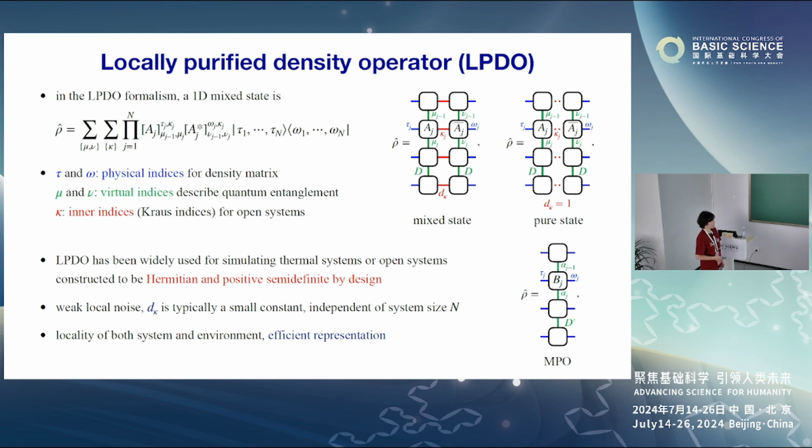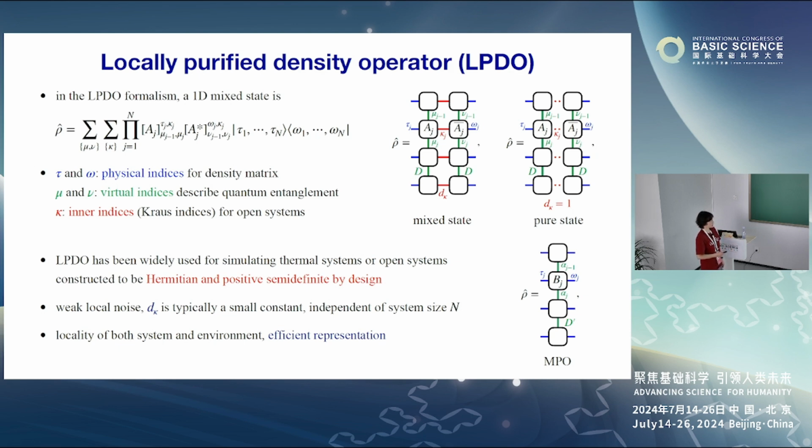But this MPO structure may not satisfy the positive semi-definite condition. If you have very low noise, this decoupling dimension is typically a small constant, and it can be independent of system size, because we have distributed all the mixed degrees of freedom over the sites. From this picture, we have locality for both the system and the environment, and it is a very efficient representation, because we can count the total number of parameters.